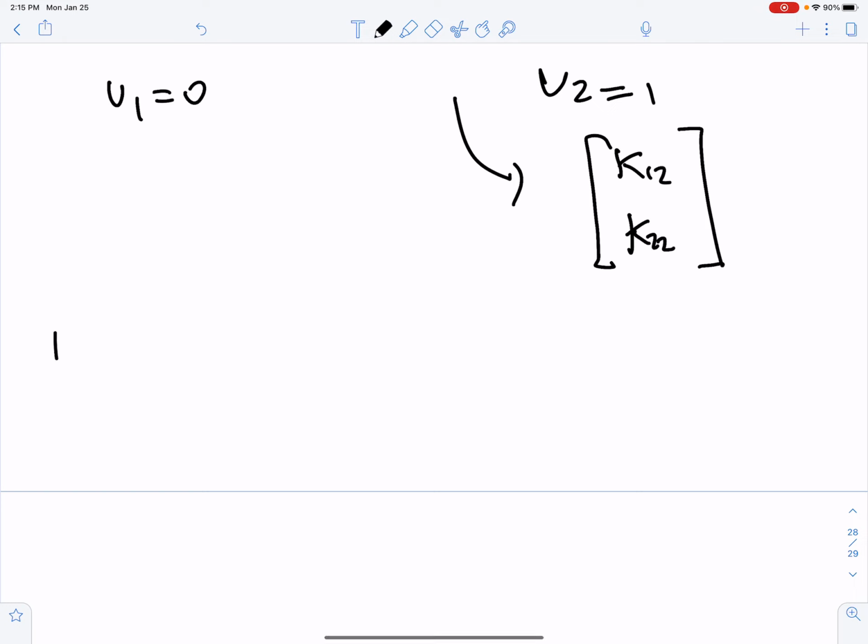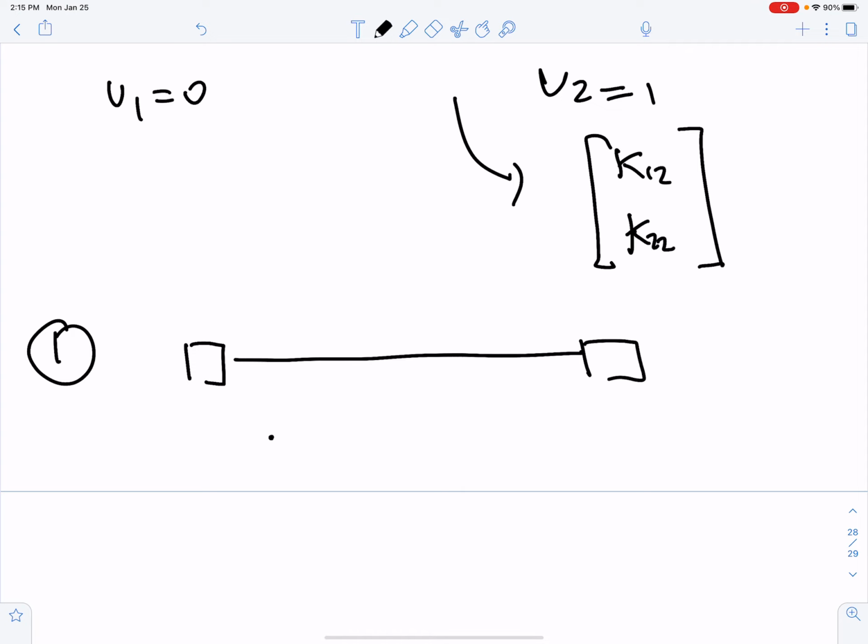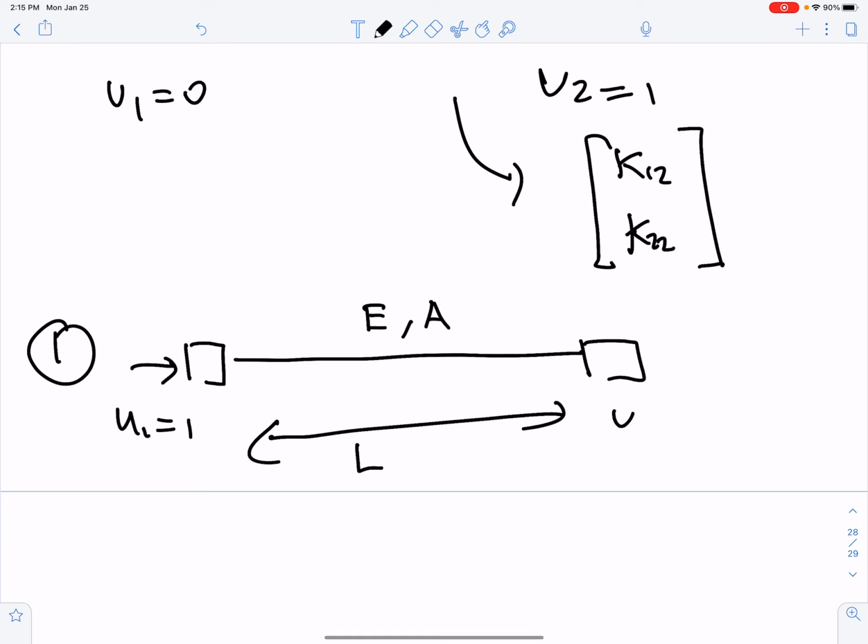And because we developed all this machinery, I'll go quickly. So case 1. This is L. The properties are E and A, as before. Prismatic. U1 equals 1, U2 equals 0.